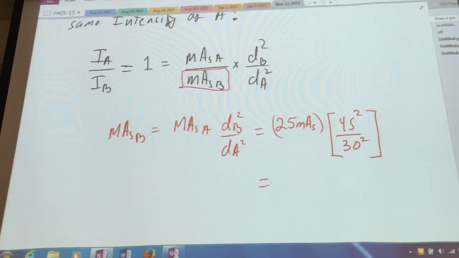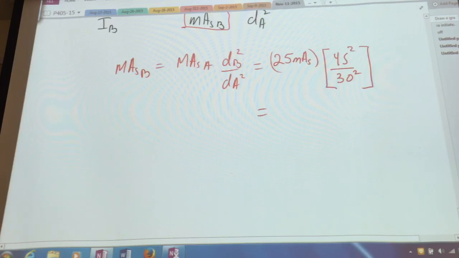And we get 56.25. So we don't have to convert centimeters to meters? Don't have to. Okay.